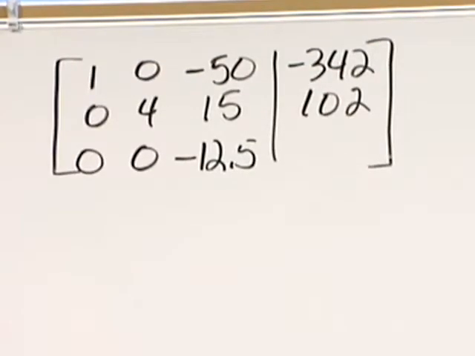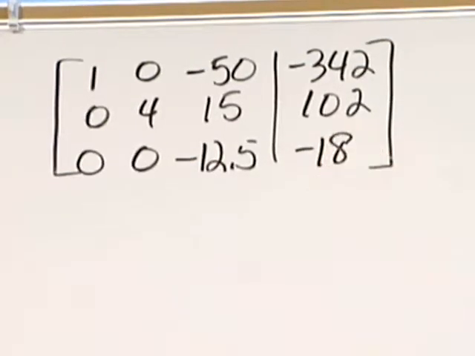And finally, in the constant column, we'll have 237 minus 2.5 times 102. That result would be negative 18.